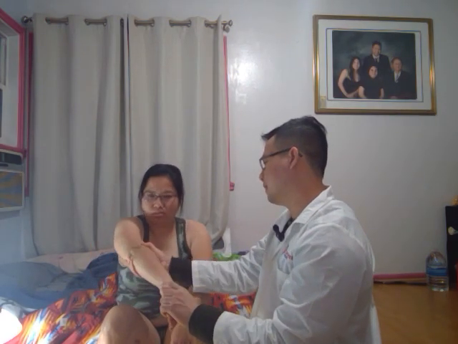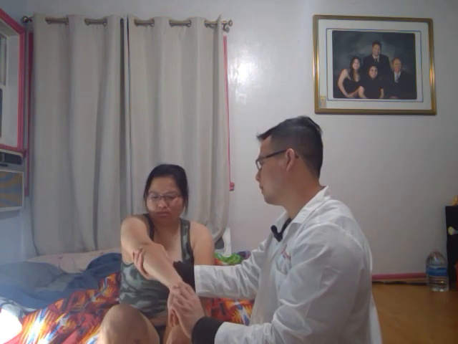Okay. So now we're gonna move up to the elbow. For the elbow, I also inspect for any lesion, any deformity, any abnormal finding. We see if there is a nodule or swelling; I don't see any of that here.